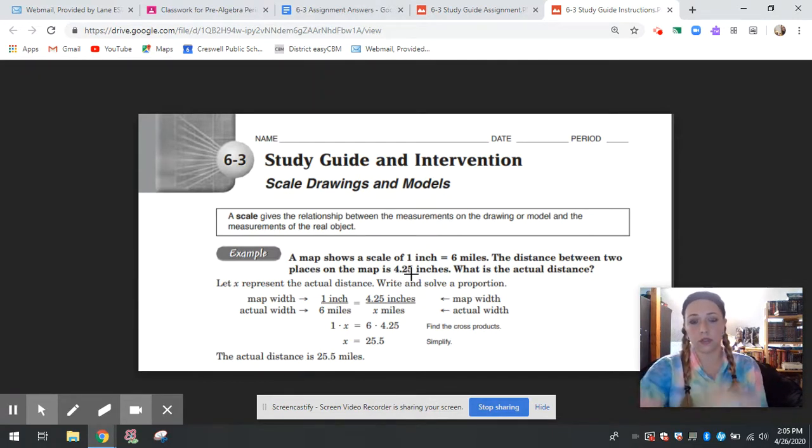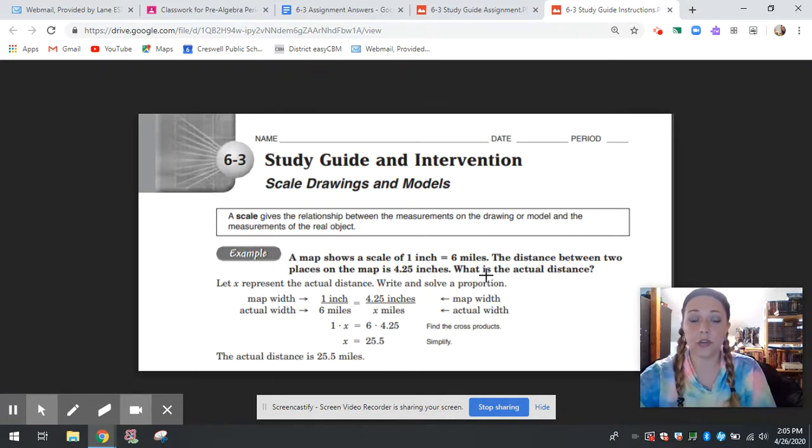So it's given us point A and point B, and if on the map it's 4.25 inches rather than just the scale factor of 1 inch to 6 miles, if I've gone from 1 inch to 4.25 inches, I know that it's about 4 times the length in distance. So if 1 inch is 6 miles, then 4.25 inches is about 26 miles.